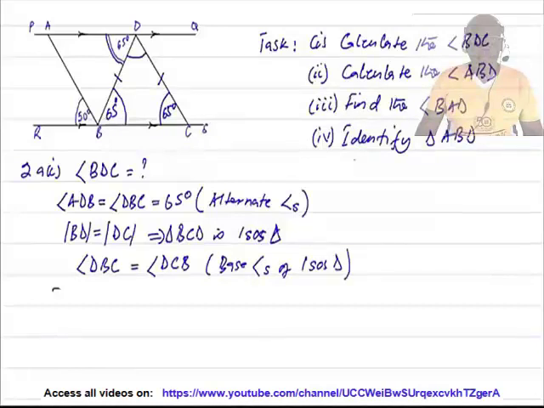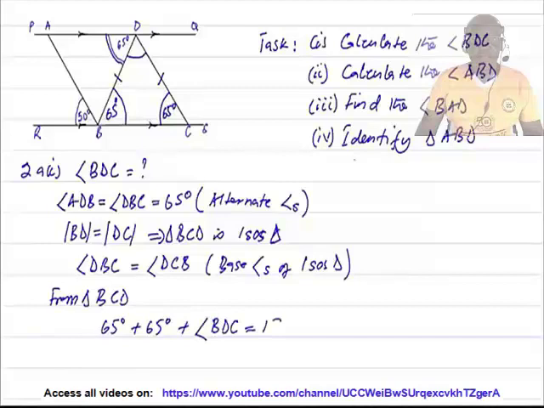Now, from triangle BCD, 65 degrees plus 65 degrees plus angle BDC should be equal to 180 degrees. This is because the sum of angles in triangle BCD should add up to 180.